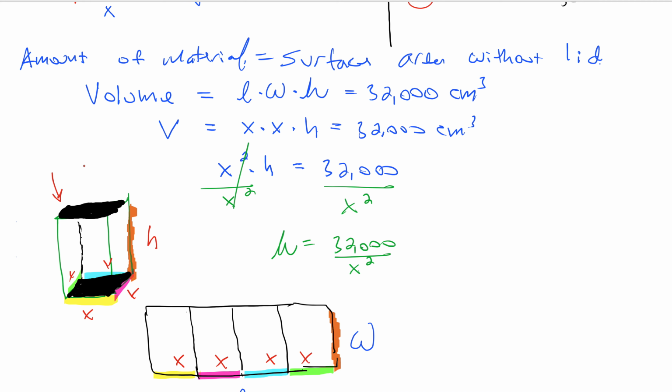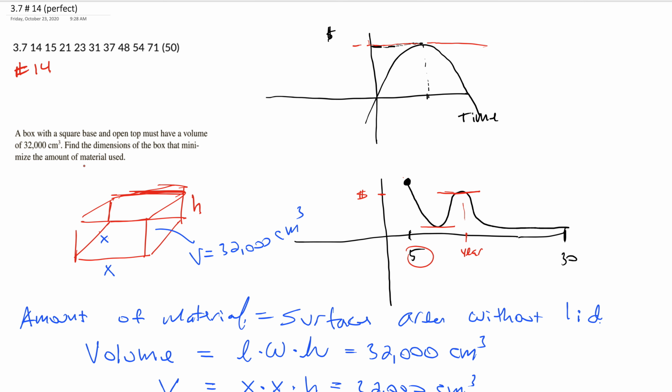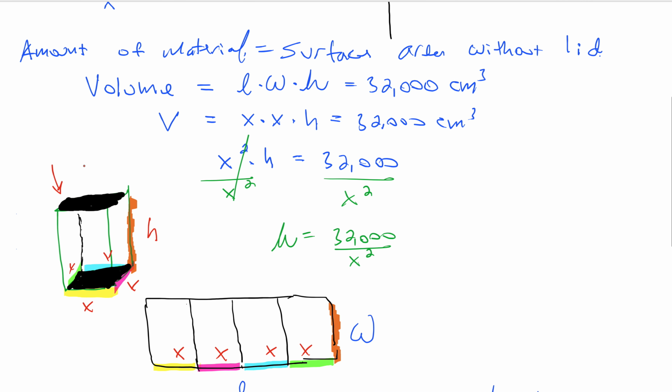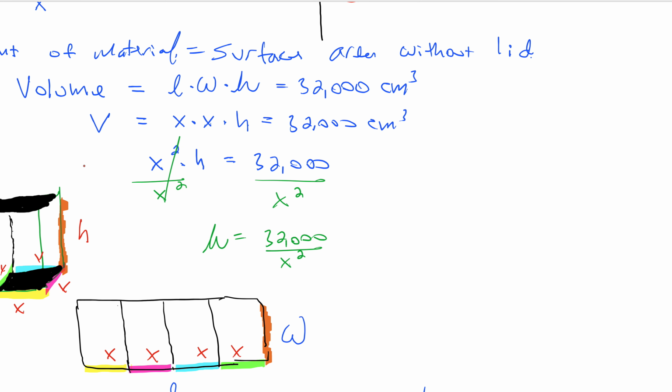So you kind of have to think of a domain. So what is our domain? No, domain means what can X be? So, okay, wait. So a domain? No, it's like a real world domain.